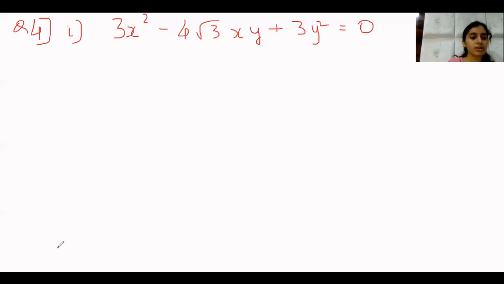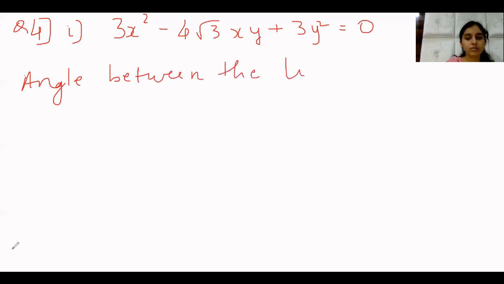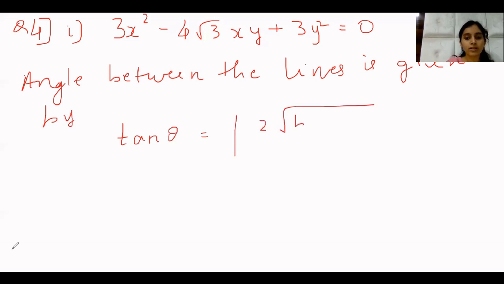The angle between the lines is given by, let us write the value of tan theta first. So tan theta is equal to 2 root of h square minus ab upon a plus b.